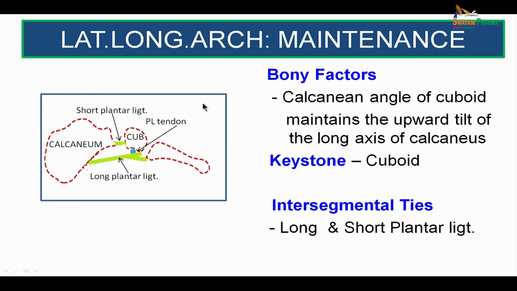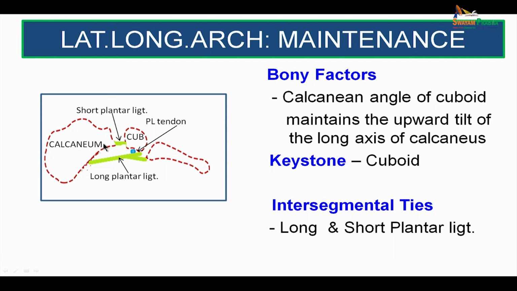The structures maintaining the lateral longitudinal arch: the bony factors include the calcaneal angle of the cuboid, which is a small triangular projection of bone found on the inferior surface of the cuboid on the proximal articular surface. This rests on the upper portion of the anterior articular surface of the calcaneum.